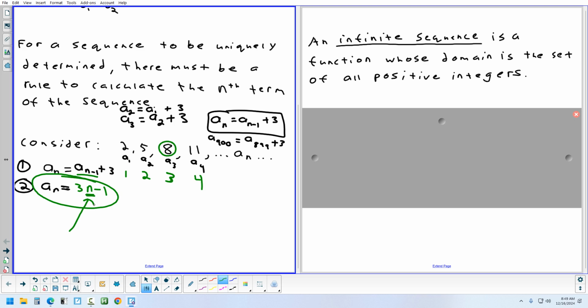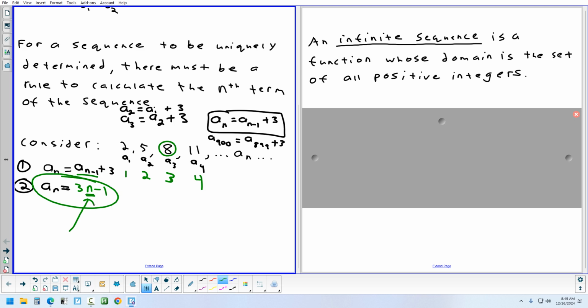But how come when you're talking about a sequence, a decimal wouldn't make sense for n? Well, what did we say n represents there? It represents the position. So why can't you have a 1.7th position?